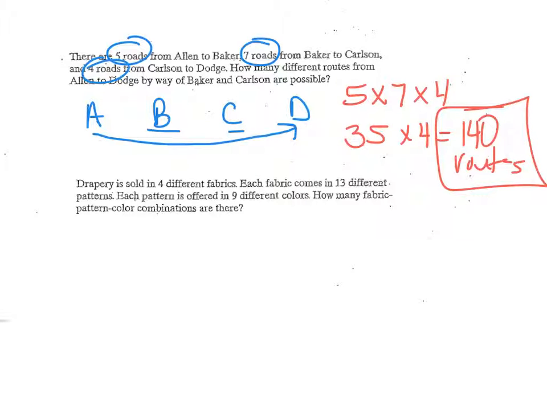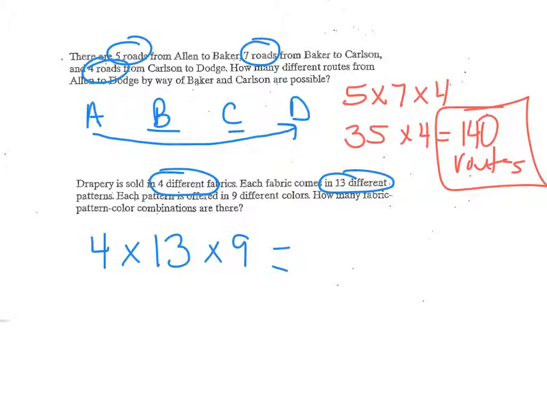So there are 140 routes that would be possible. Okay, looking at one more example, drapery is sold in 4 different fabrics. Each fabric comes in 13 different patterns. Each pattern is offered in 9 different colors. How many fabric, pattern, color combinations are there? Again, what we're going to do is look at our choices. There's 4 different fabrics, 13 different patterns, and 9 different colors.